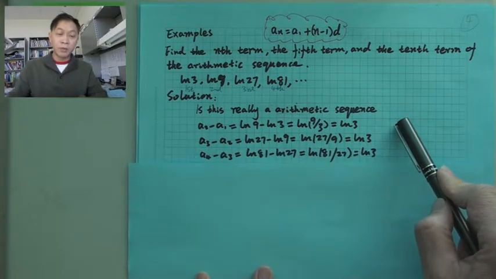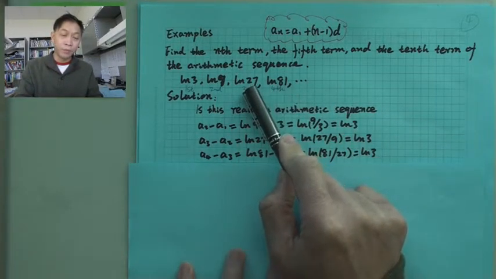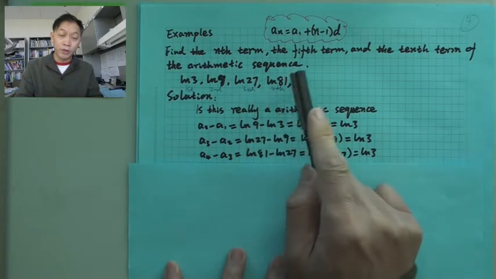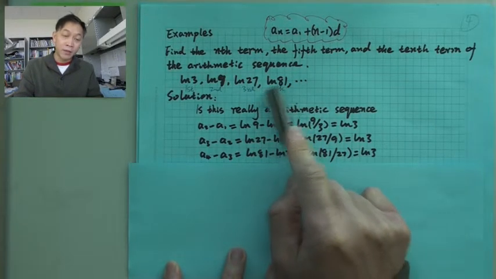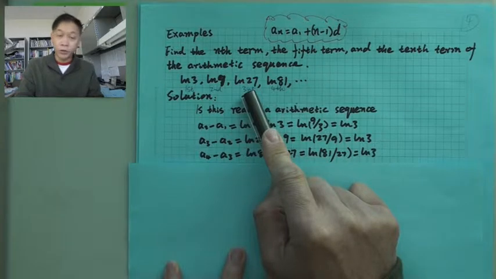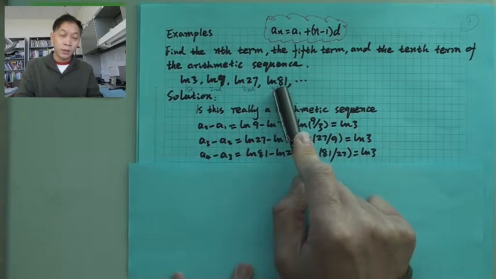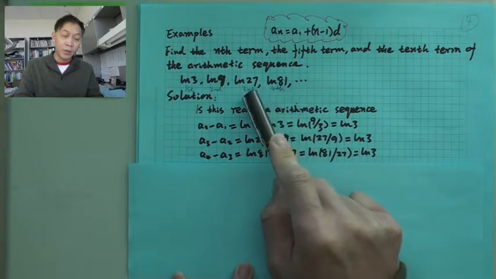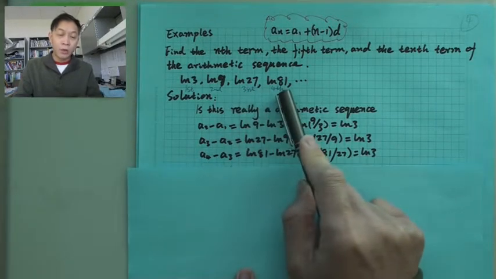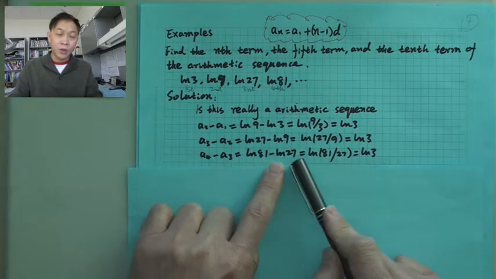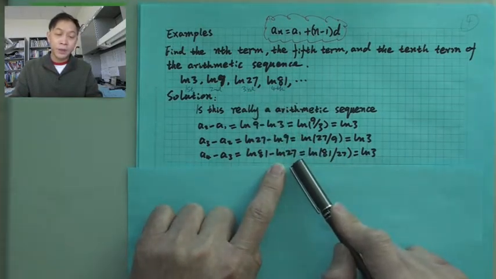How about the fourth one minus the third one? Remember, it's always the later term minus the front one. Don't switch the order. It's always this term minus the previous term. So natural log 81 minus natural log 27.